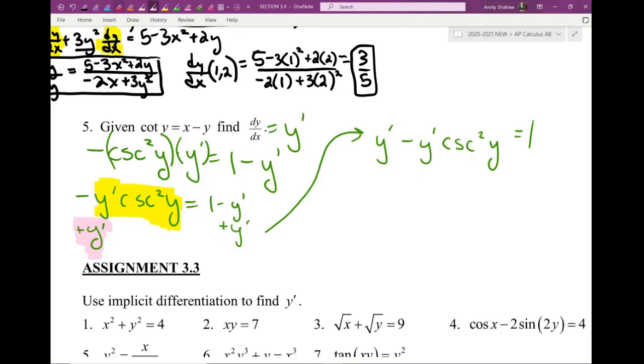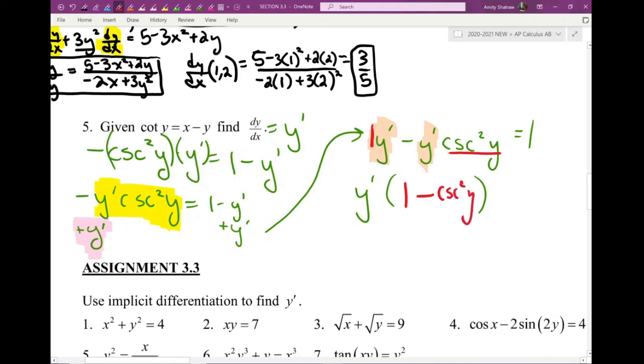So what I want to do is factor that out. I'm factoring out those y primes, and I'm going to throw them in front. And what I have left is a 1. There's my hidden invisible 1 right here, and I'll write it in red for you. There's a 1, and then there is the rest of this, which is cosecant squared y.